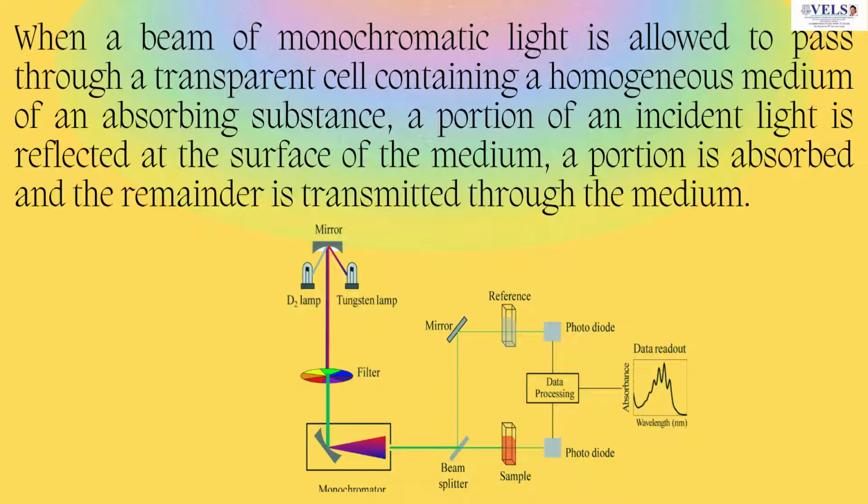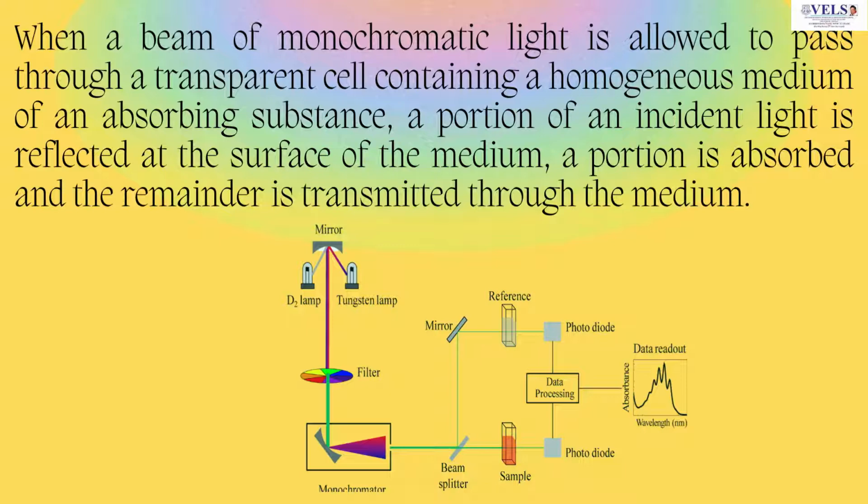In this instrument, we use a photodiode as the detector. The function of the detector is to represent the amount of absorption or transmittance as a numerical value, either absorbance or percentage of transmittance.